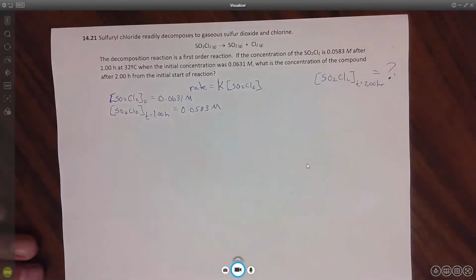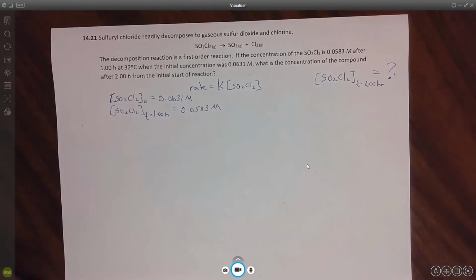How do you think we're going to solve this? What method, concept, equation am I going to need? Look at what variables you have.